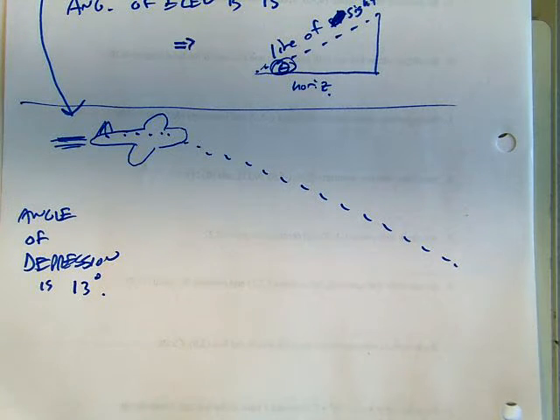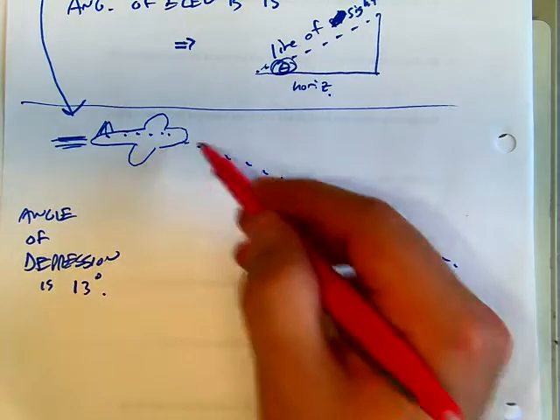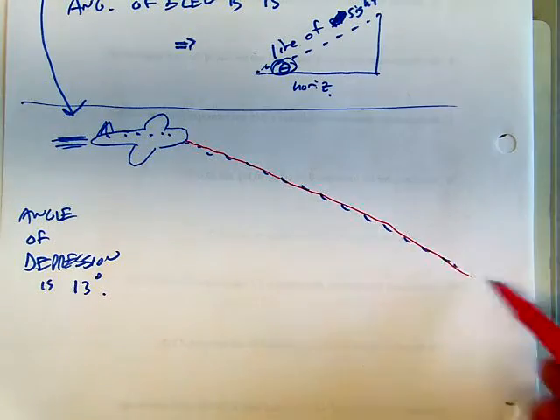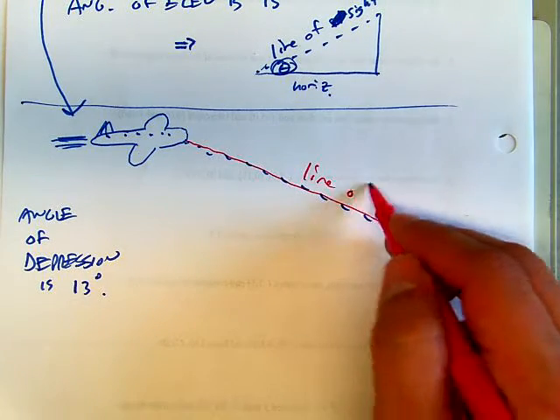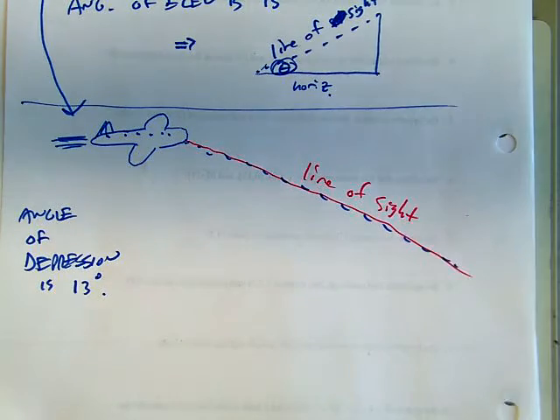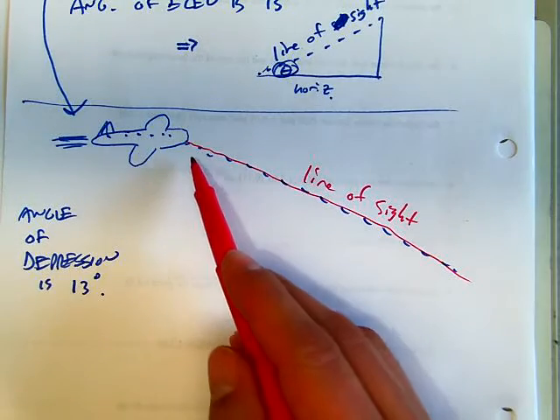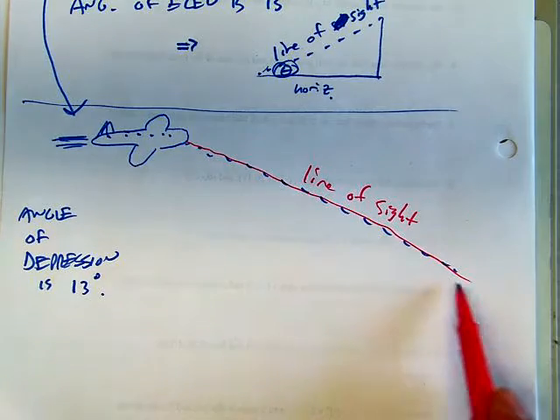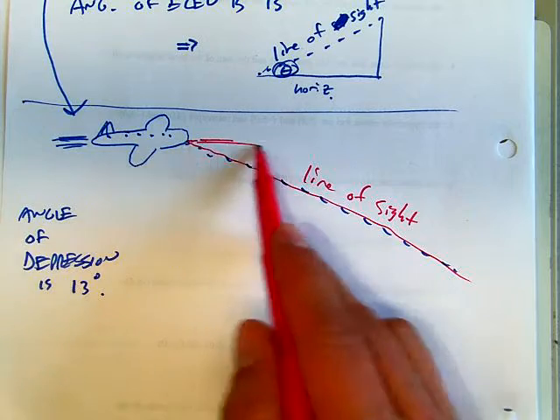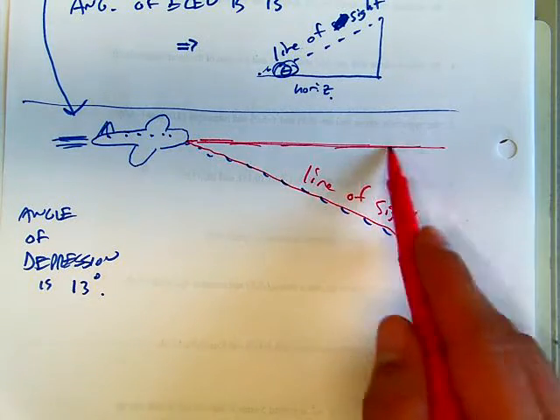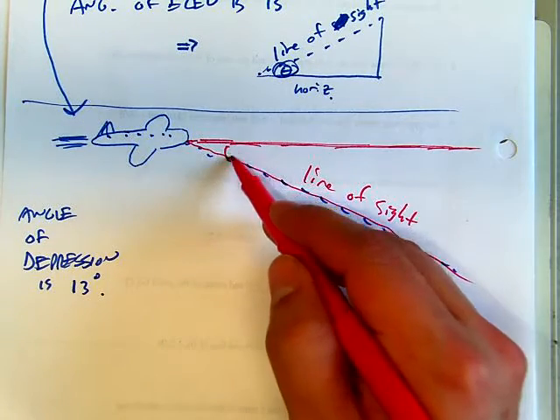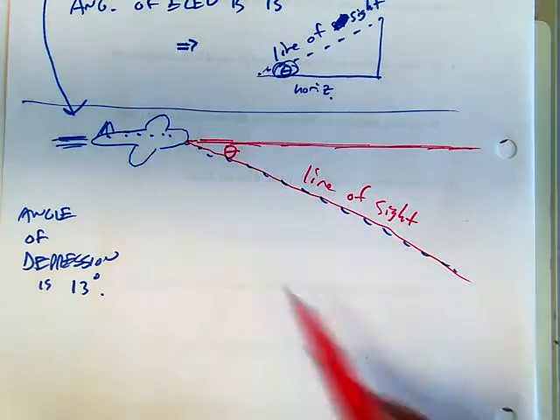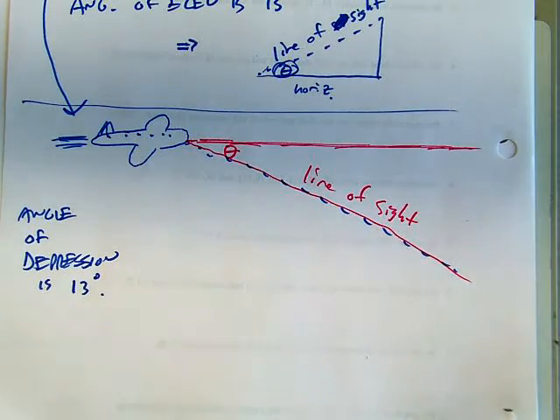Okay, so as long as you know where that angle is, again, figuring out the problem shouldn't be that bad. So if you remember what the line of sight is, which is right here, and that you always are connecting this with a horizontal line, well, if this is my line of sight, you could think, here's a horizontal line. So that means your angle of depression would be right here. Okay, and maybe this is not the final triangle.